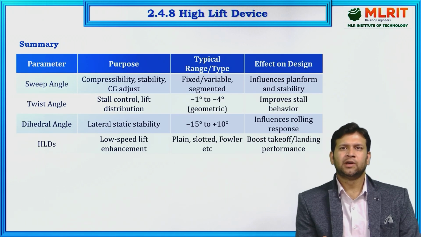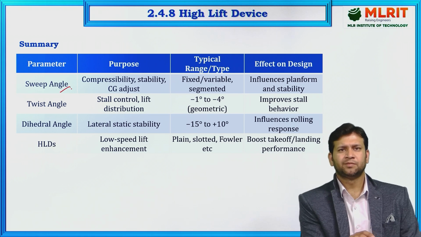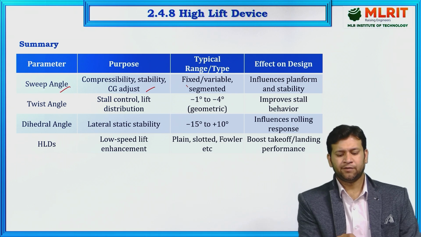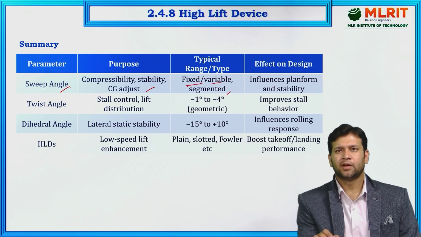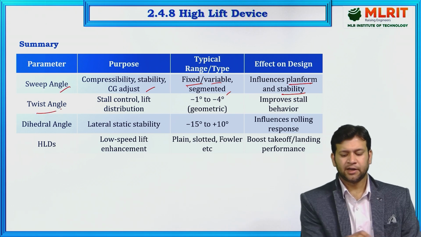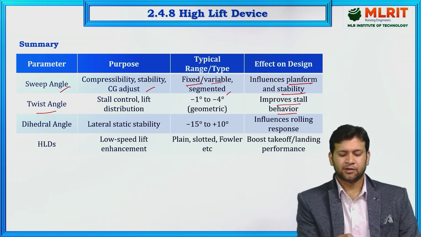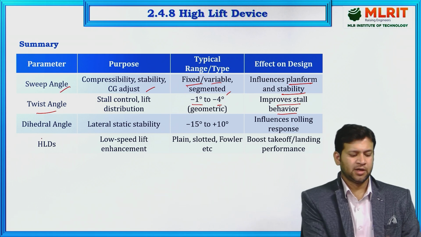The summary of high lifting devices. For sweep angle, the compressibility, stability and CG is adjusted, and it will have a fixed or variable segmented range, and it affects the planform and stability of the aircraft. Twist angle improves the stall behavior, and the typical range is between -1 to -4 degrees.